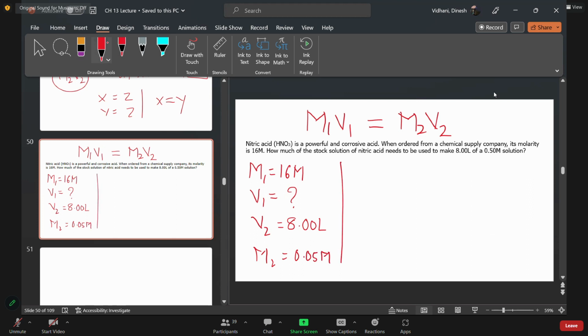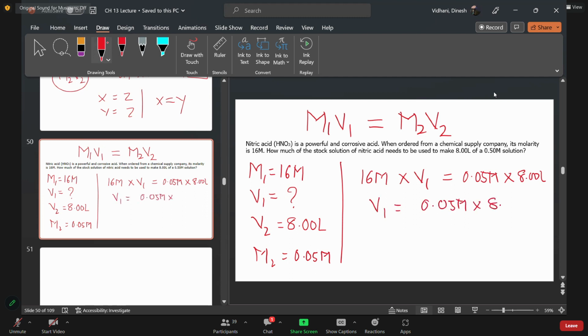So if you use this equation, M1 V1 equals M2 V2, you are given 16 molar multiplied by V1, that's going to be 0.05 molar multiplied by V2, which is 8.00 liters. So V1 is going to be 0.05 molar multiplied by 8 liters divided by 16 molar.